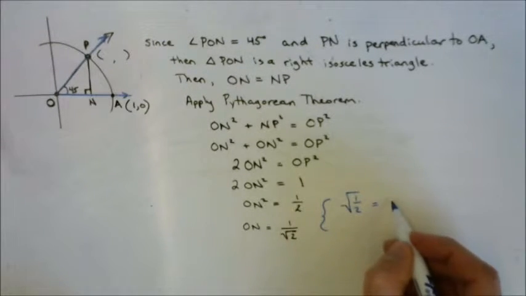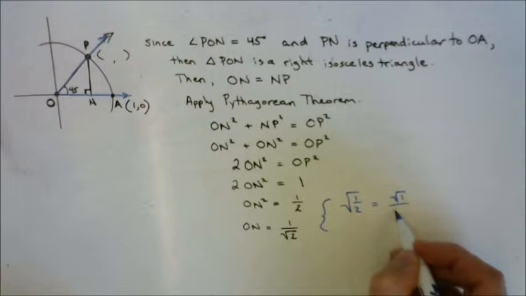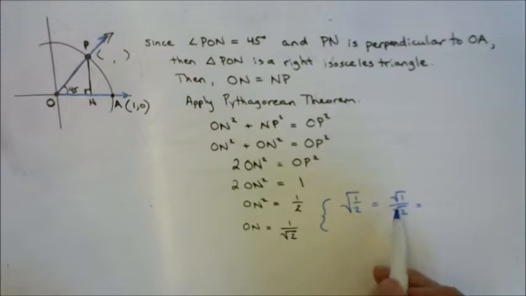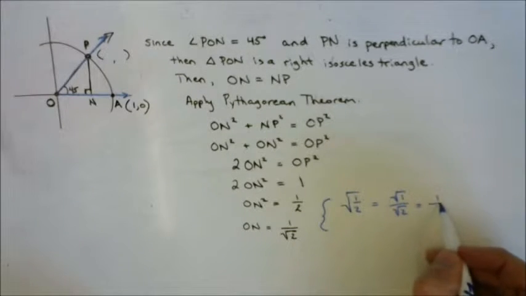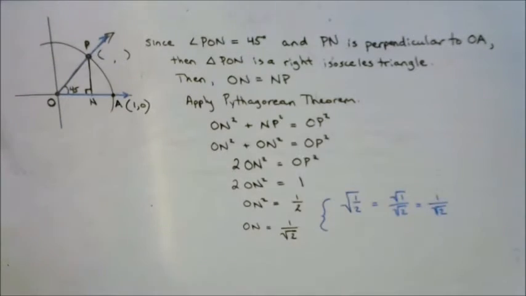Well, that's the same as saying the square root of 1 over the square root of 2. Square root of 1 means you're finding a number that times itself equals 1. Well, 1 times 1 equals 1. So the square root of 1 is just 1. So it's 1 over the square root of 2. So if your brain did that, congratulations. If it didn't, there you go. That's how you go straight from this step down to 1 over the square root of 2.